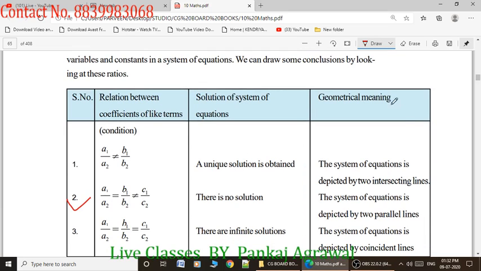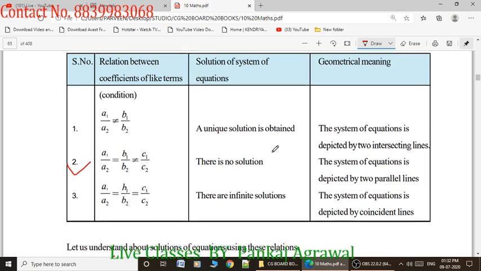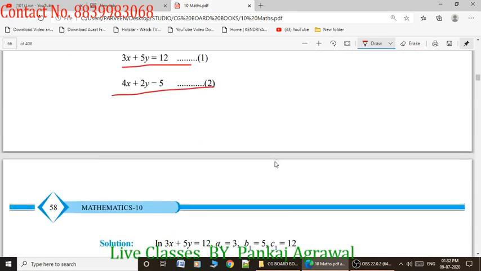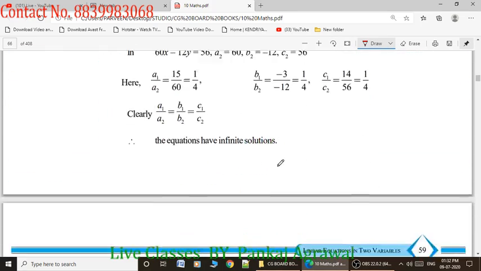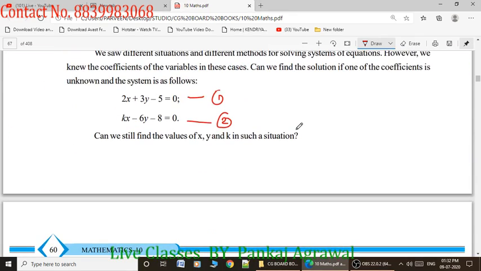the condition to find the solution of linear equation in two variables. So there are three conditions. So similarly from this question you have to find their ratios a1 upon a2, b1 upon b2 and c1 upon c2. So suppose here you will write their coefficient of like variables here.